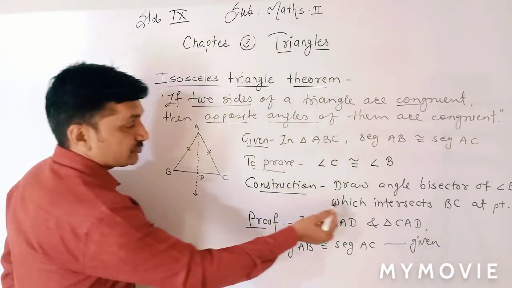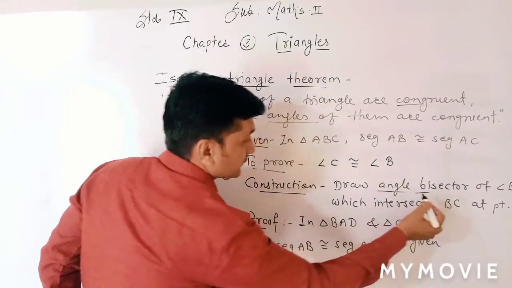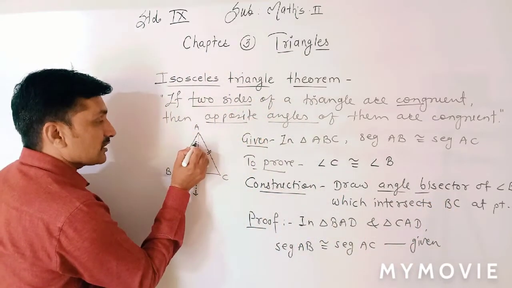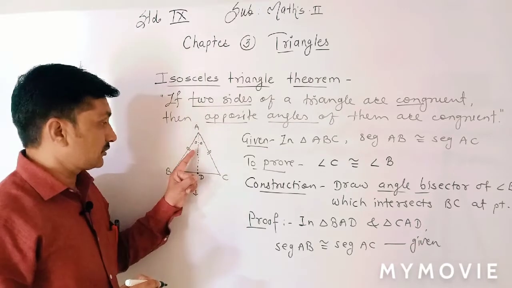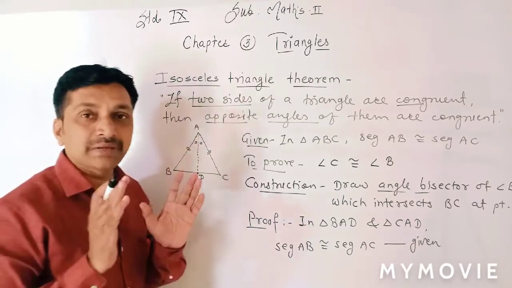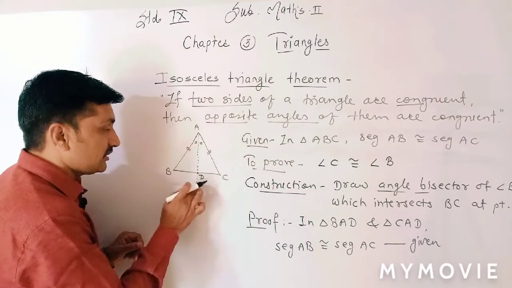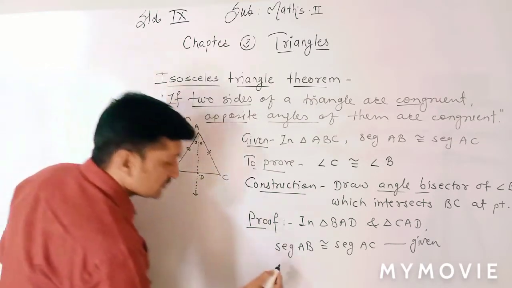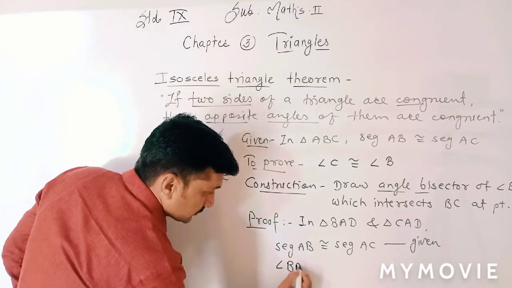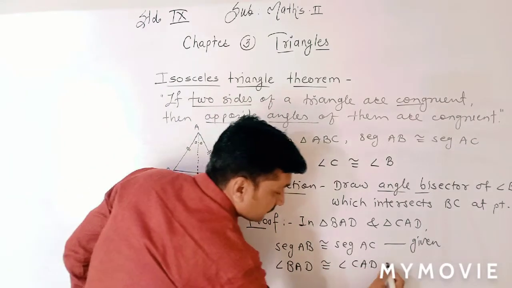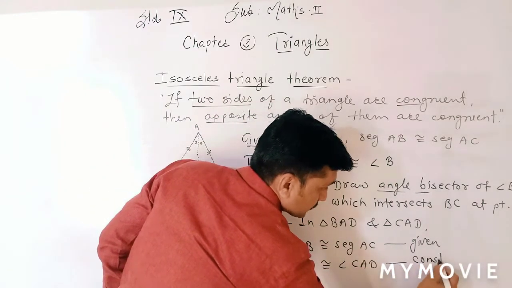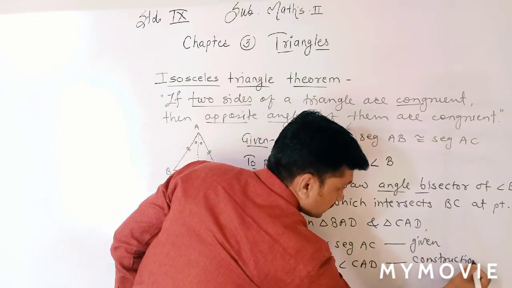After that, as we constructed the angle bisector, and these are two angles formed by the angle bisector, therefore ray AD is the bisector, that's why angle BAD is congruent to angle CAD, from the construction.